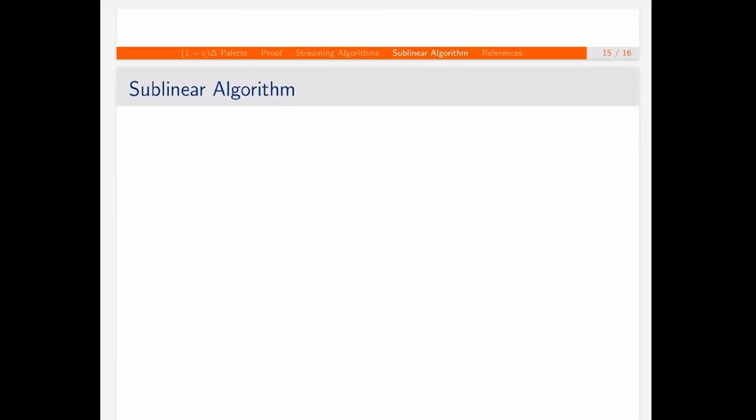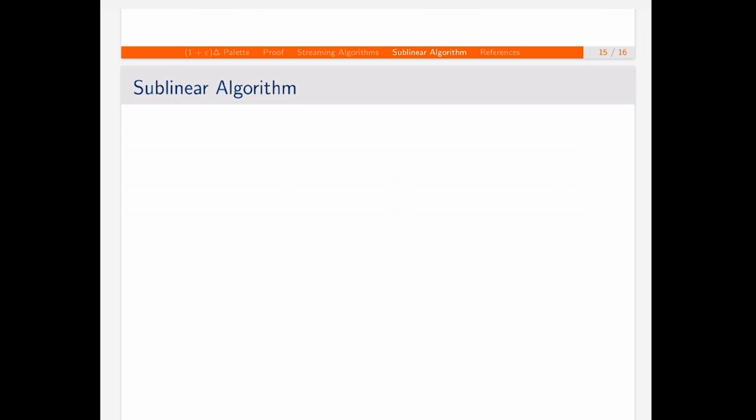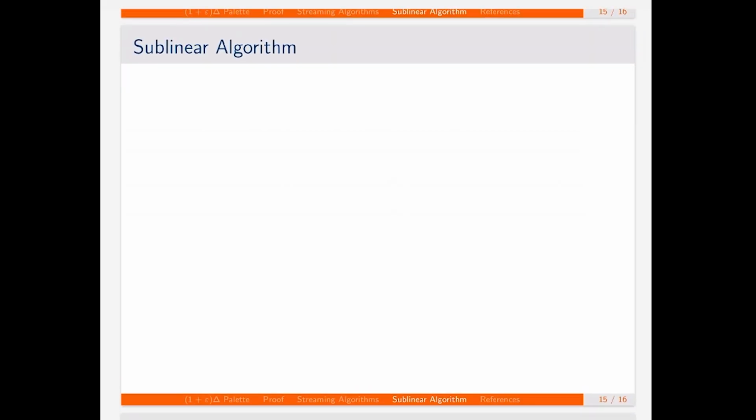Now we are going to try to bound the size of the conflict edge set. The size of this is at most the sum over C of V_C choose 2, which is less than or equal to the sum over C of V_C squared. We can take expectation on the right hand side.